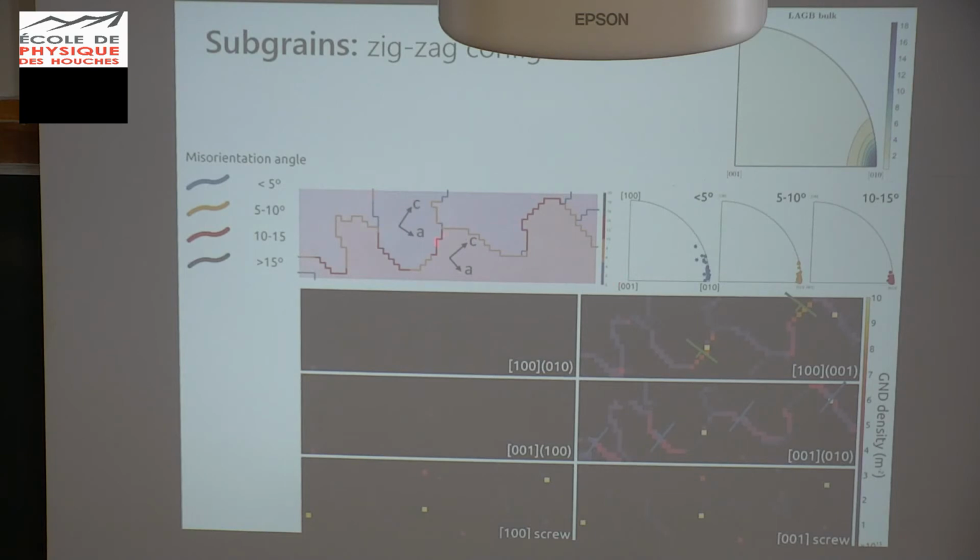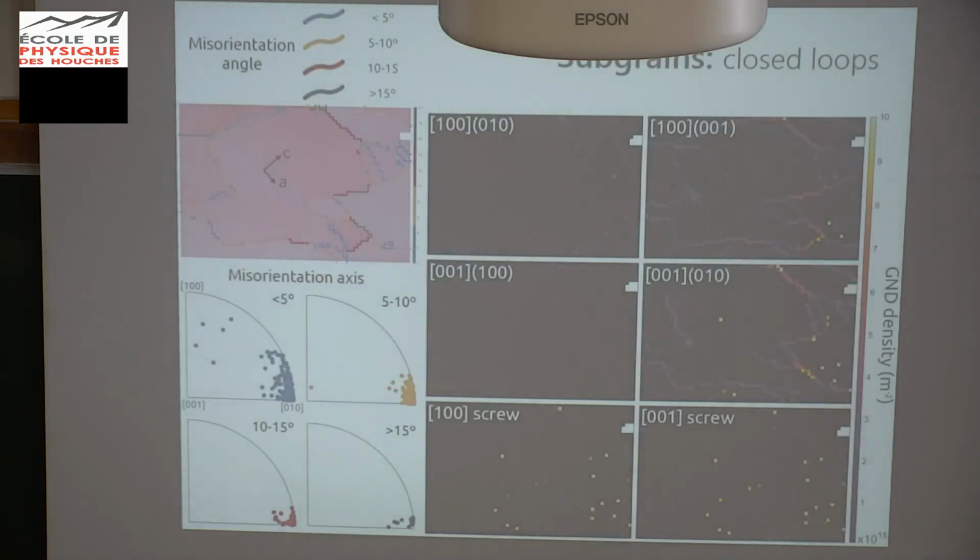Another feature is that this type of subgrains always has a misorientation axis around B, and this is the one that dominates in all the maps. In fact, when you measure the bulk misorientation axis of all the subgrains, you always systematically see a maximum around B. This is exactly the same situation.